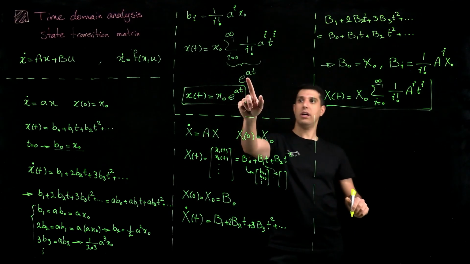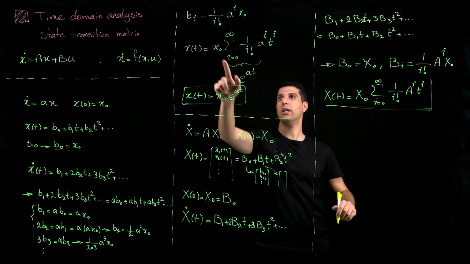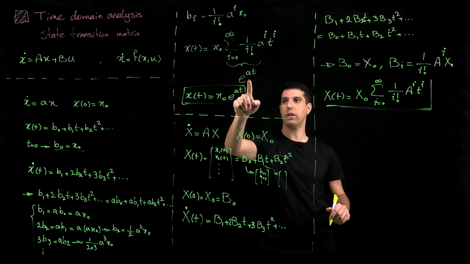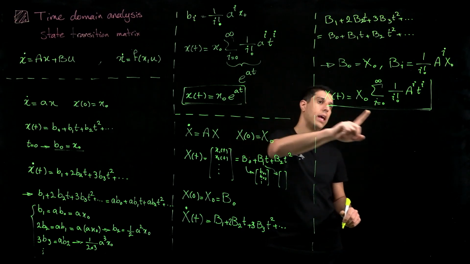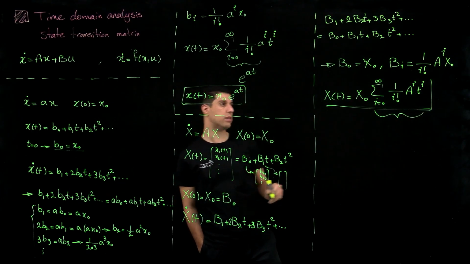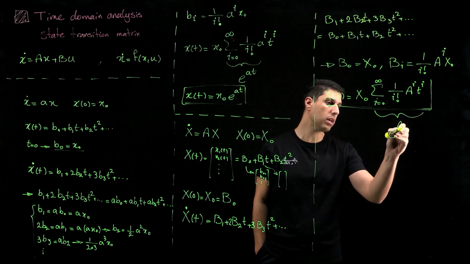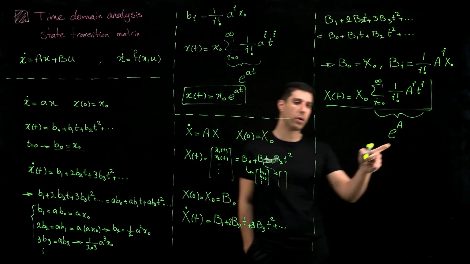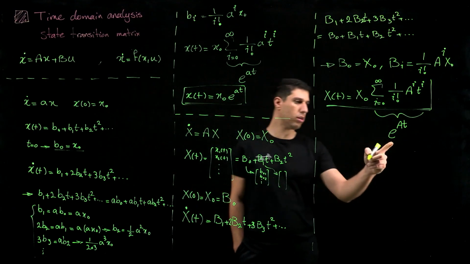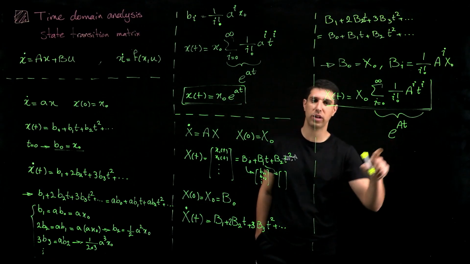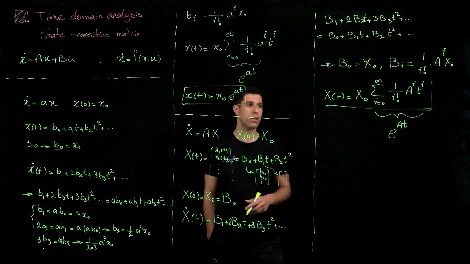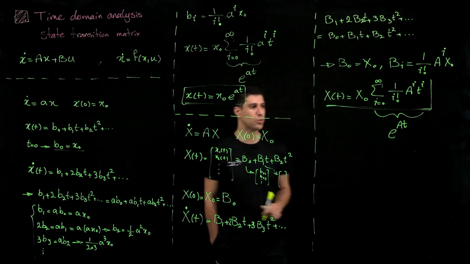So the analogy here is this one in a scalar form. It was equal to the exponential e to the power at. Here we can do the same thing. We can take this infinite series and call it e kind of to the power of matrix A times t. This is very bizarre. What does this really mean? Raising a number to the power of a matrix. Who knows what that means?